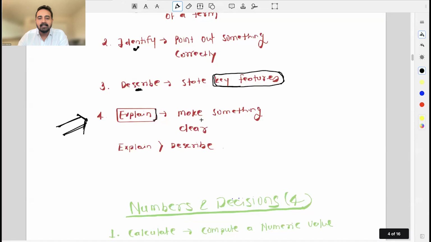Explain subsumes describe, which means explain assumes that you're going to describe. If I have to rank command words by comprehensiveness, explain in this category is the highest. You have to make something clear, but that also means you have to describe the features at times. So if I come across an explain command word, I'll probably add 1 or 2 extra bullet points and try to be a little more comprehensive.